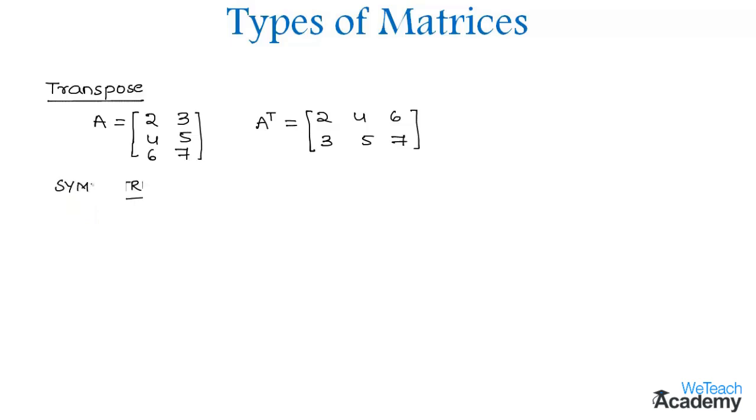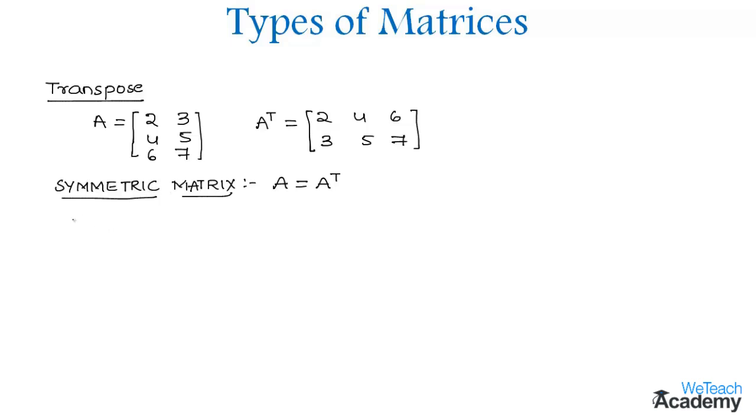And now let us discuss the topic called the symmetric matrix. A matrix is said to be a symmetric matrix if the matrix A is equal to the transpose of the same matrix A. In short, we can say that A is equal to A transpose.